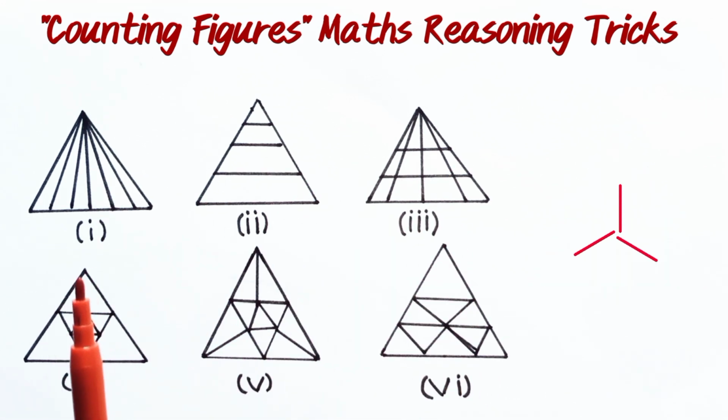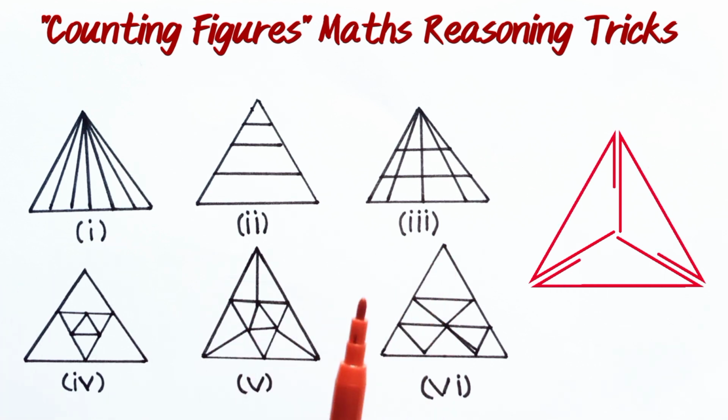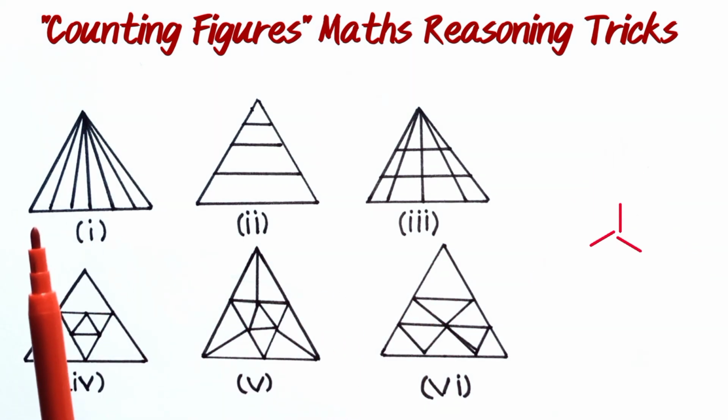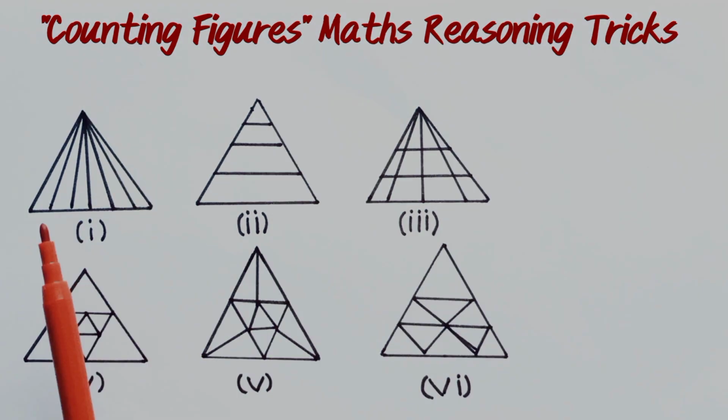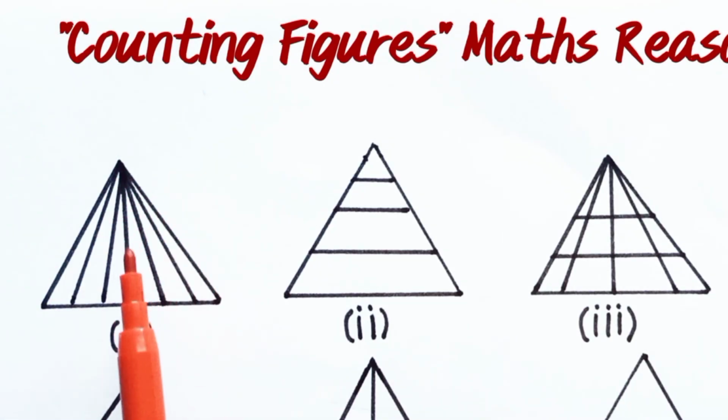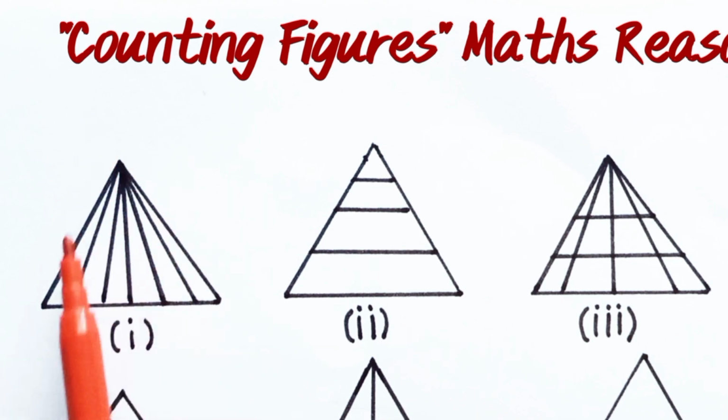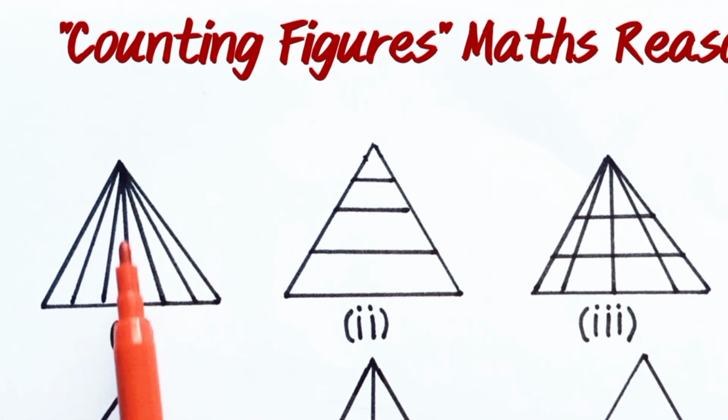Now let us start with what we are going to study in today's class. Here we are going to discuss the different types of questions on counting the number of triangles in the given figure. In the first type, we will see how to count the number of triangles present inside the given triangle when the triangle is divided by vertical lines.